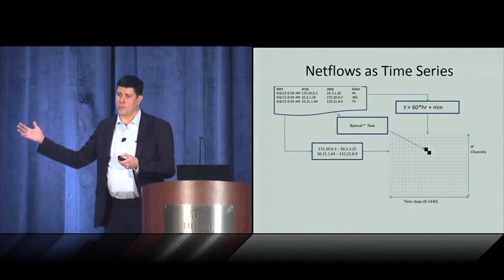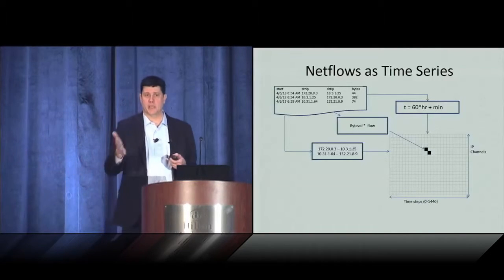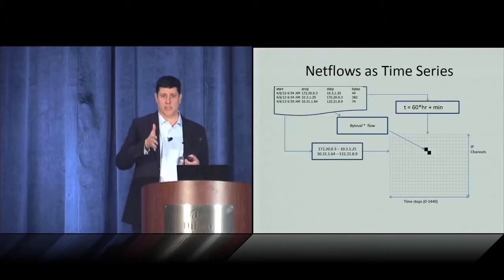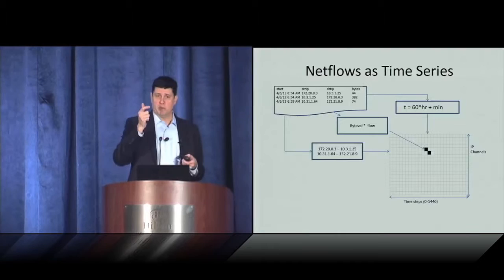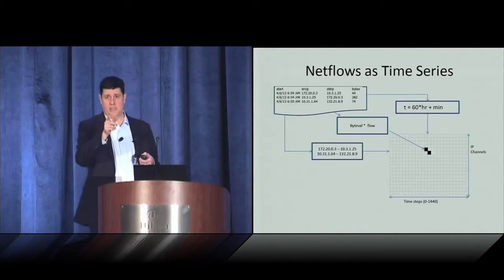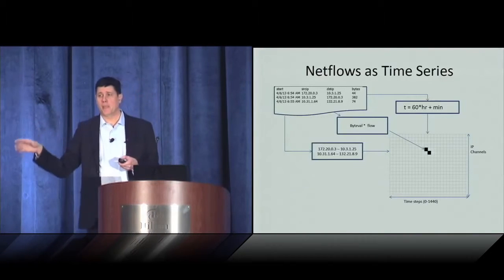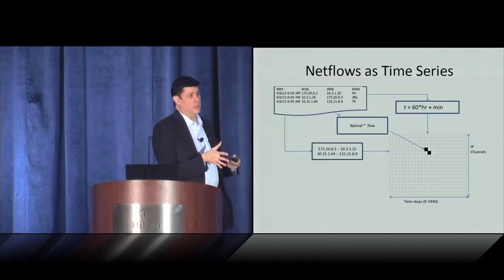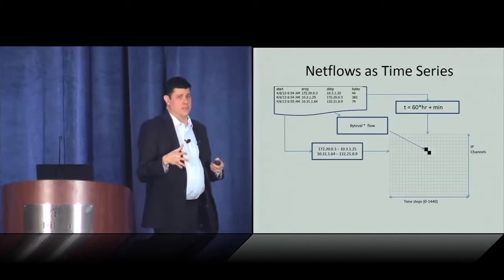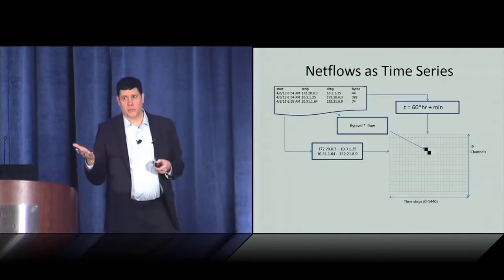So we've seen previous research, both at FloCon and in other publications, about the value of looking at Netflows as a time series. It's this IP was talking to this IP address, and different stuff happens over time. There's a lot of well-proven analytics that work when you can use Netflows as a time series, but what do we know about Netflows?